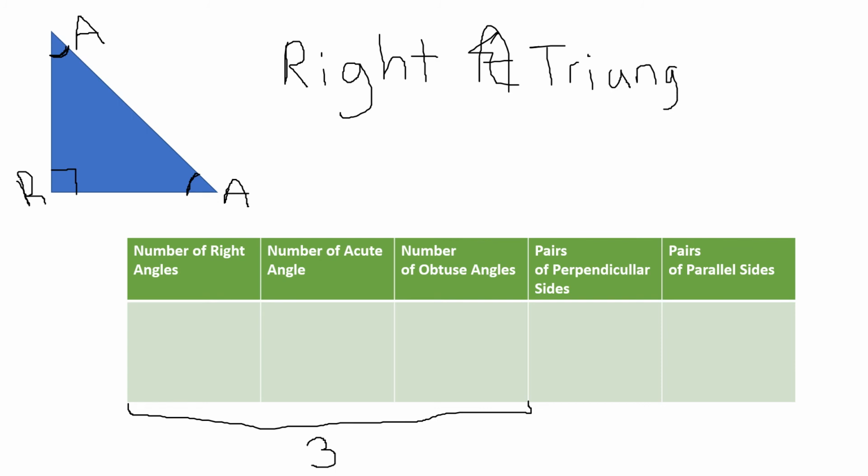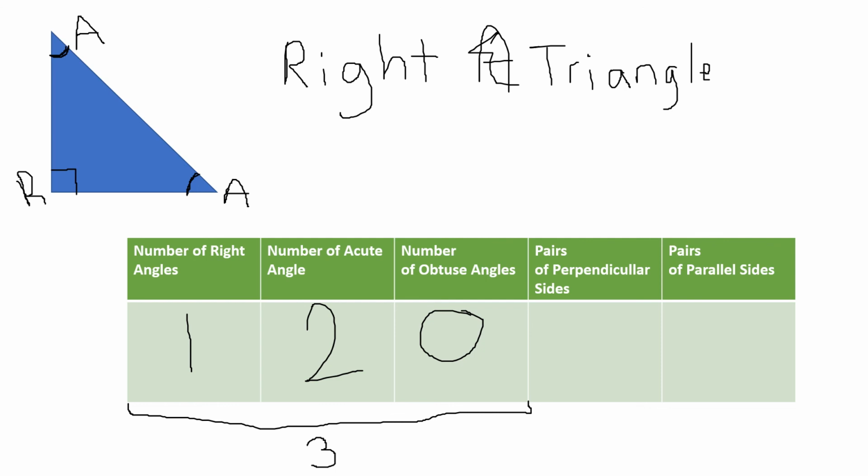This is not easy. Okay, so let's go look at our angles. Number of right angles. We have 1 right angle. Number of acute, 2. Number of obtuse, 0. 1 plus 2 plus 0 equals 3. So we have all of our angles.